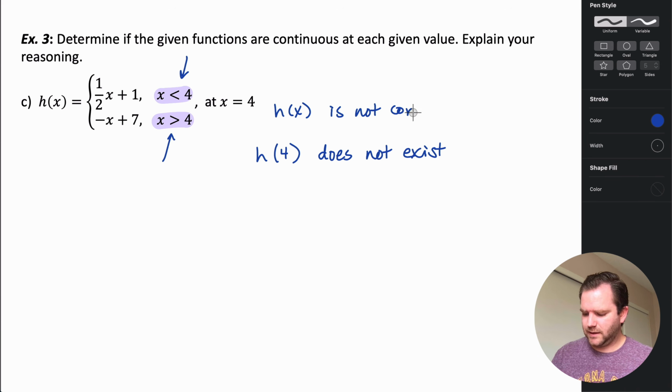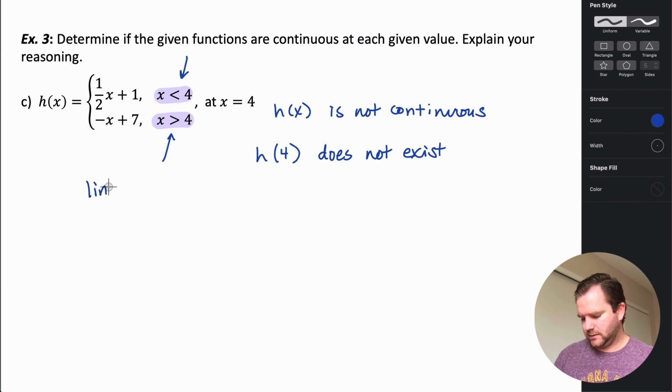I actually don't even have to look at the limits because the function doesn't exist at 4, so it can't be continuous at 4. Now, if we did look at the limits, if I plug 4 in here, half of 4 is 2, 2 plus 1 is 3. If I plug 4 in here, negative 4 plus 7 is 3.